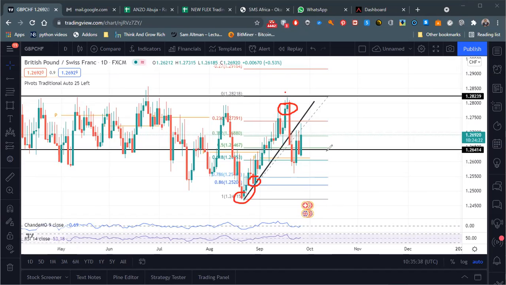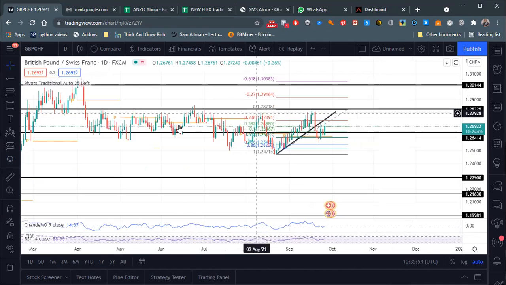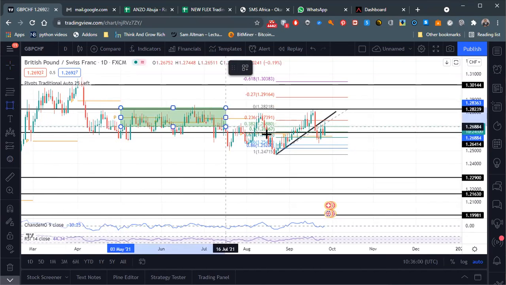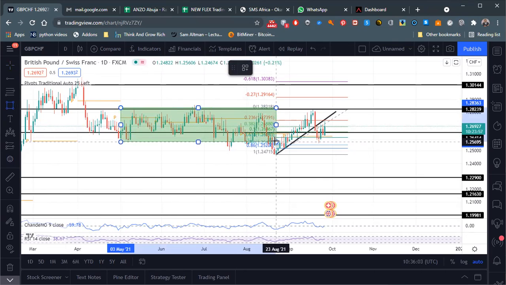And now I'm still looking to continue the bullish move, because you could see the market has been ranging, kind of like a Wyckoff distribution, where price has been ranging within this zone here.